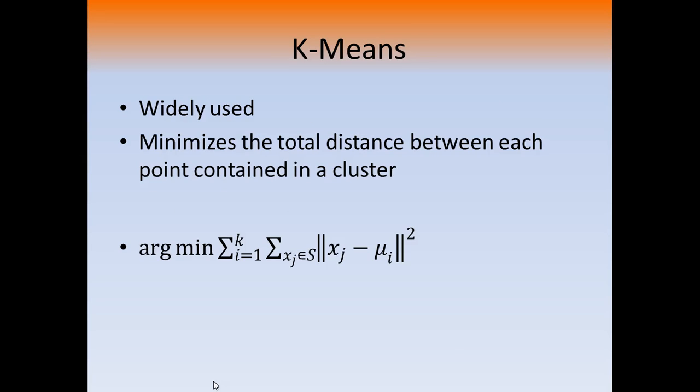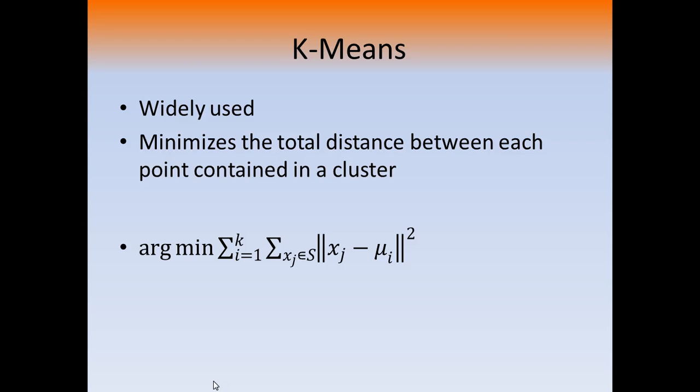Now, the first method I'm going to use for this is called the standard k-means method. It's a very widely used clustering method, and it attempts to minimize the total distance between each point contained in a cluster. So if you have data in a certain space, you specify the number of clusters you want, such as 10 in this case, for each digit from 0 to 9.